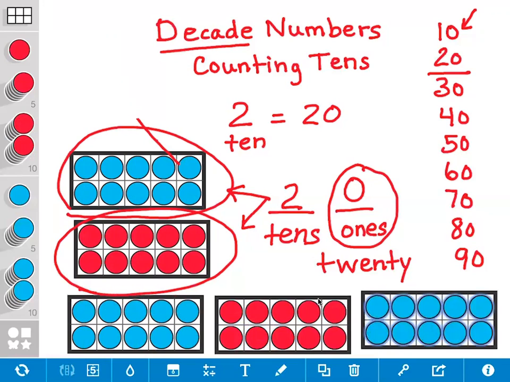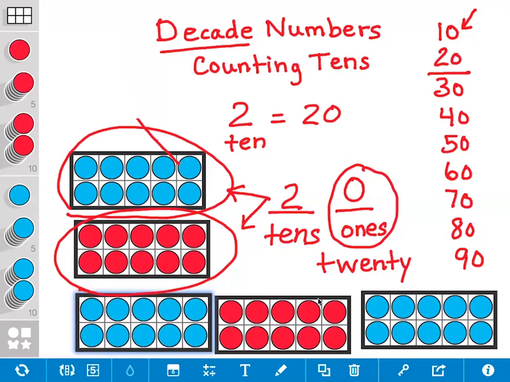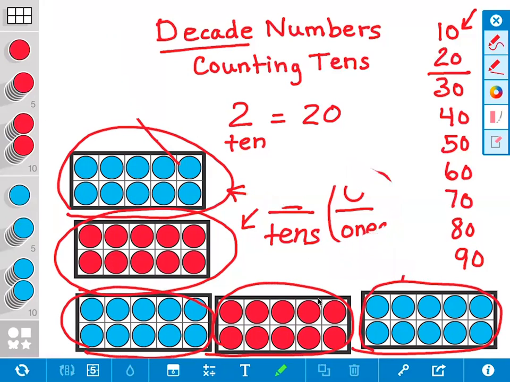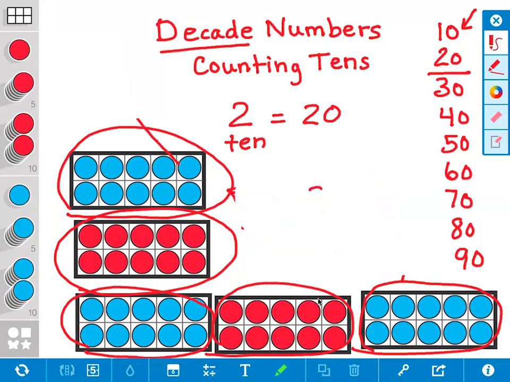And I might say, how many are there? You can't say 3. It's 3 groups. I have 1, 2, and 3. So I have 3 groups of 10.